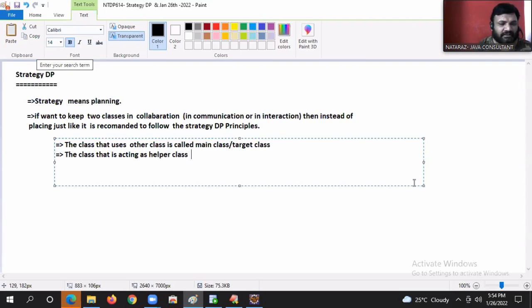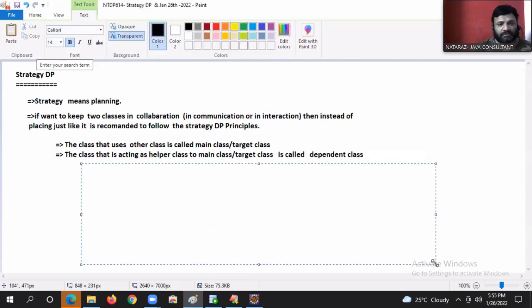The class that is acting as a helper class to the main class is called the dependent class, guys.